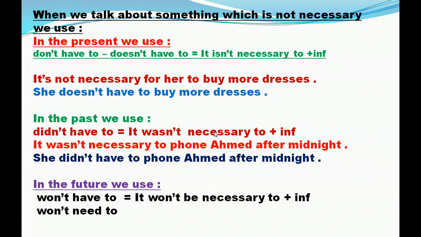Didn't have to equals it wasn't necessary to do something. For example, it wasn't necessary to phone Ahmed after midnight. That means that she didn't have to phone Ahmed after midnight. In the future, we use won't have to or won't need to. Won't have to or won't need to equals it won't be necessary to do something.